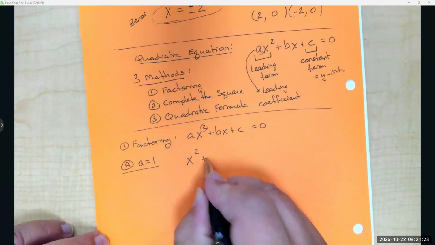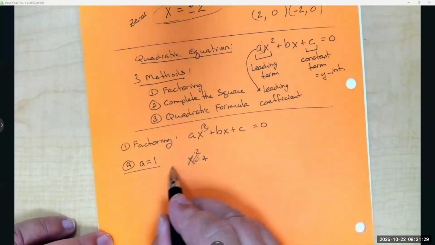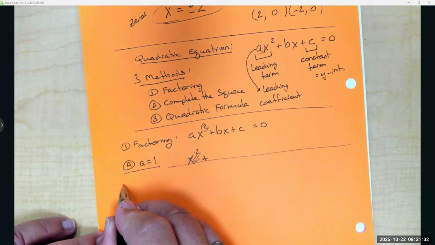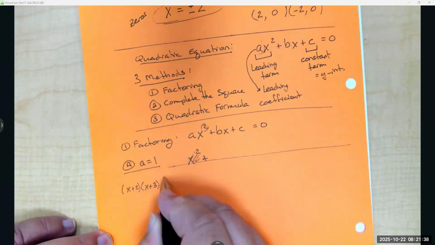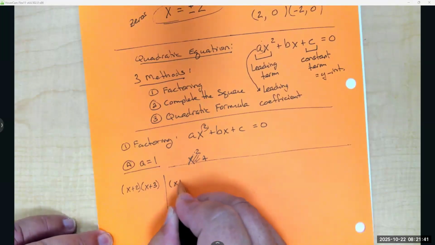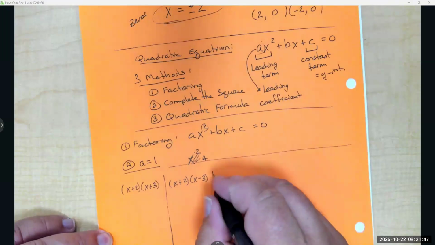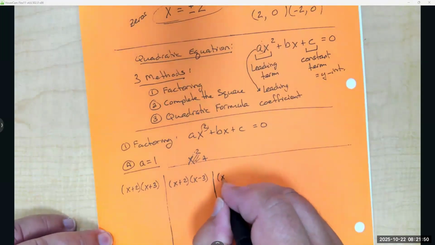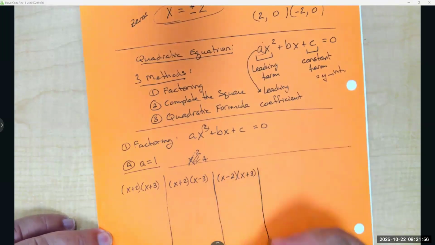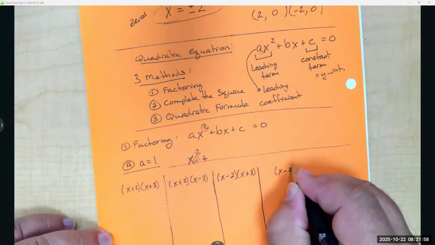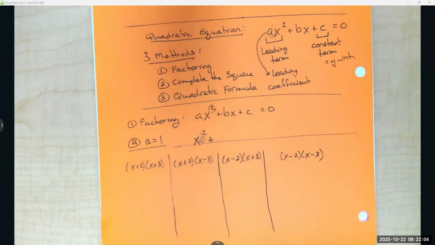So we have this example. Actually, before we jump into this, multiply all of these together. Multiply these 4 together.